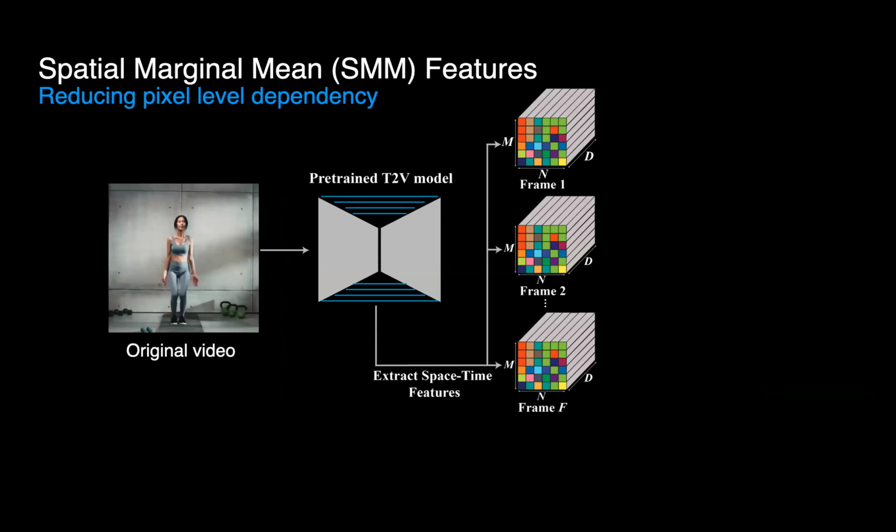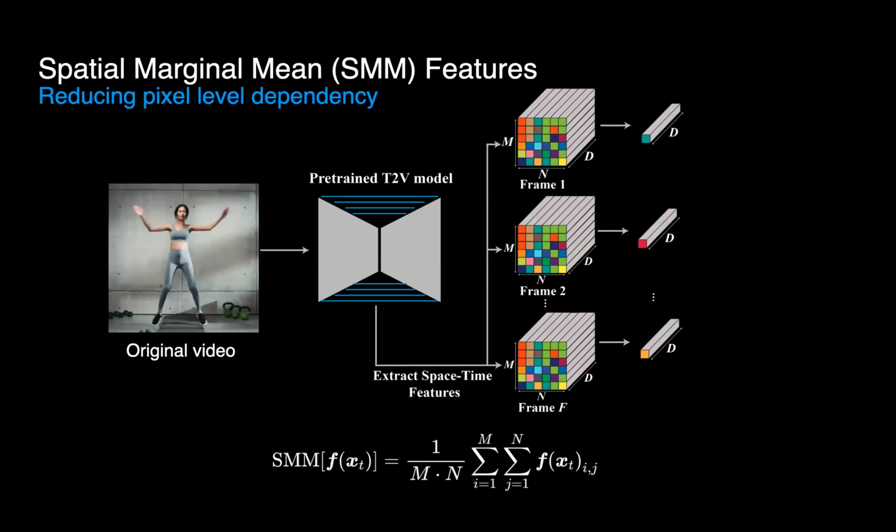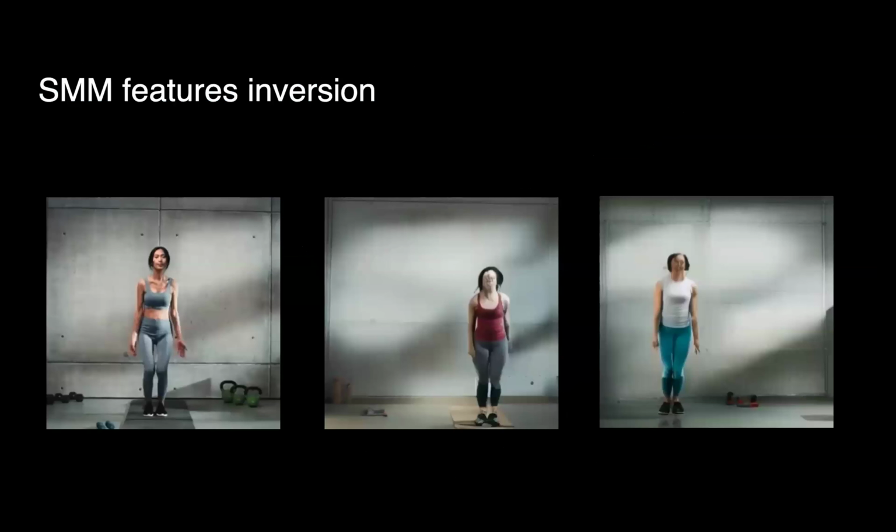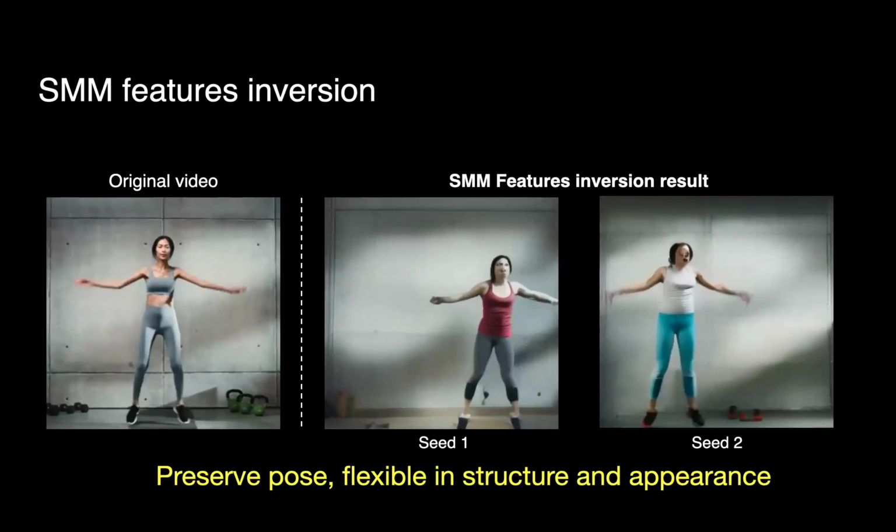So aiming to reduce pixel dependency, what we've done is we took those features and collapsed the spatial dimension. We call these features spatial marginal mean, or SMM features. Basically, for each frame, we have this M by N by D tensor, and we collapse it to a D dimensional vector. And now we can repeat the inversion experiment, matching the SMM features and not the full features as before.